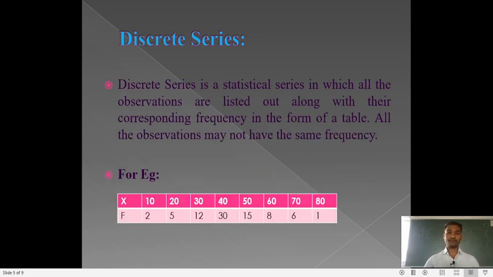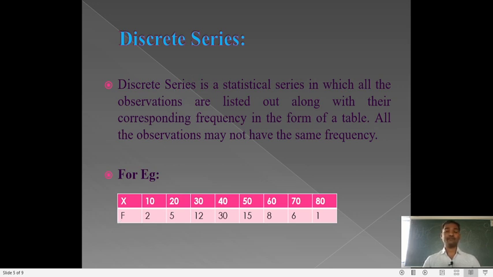Type number second, discrete series. A discrete series is a statistical series in which all the observations are listed out along with their corresponding frequency in the form of a table. All the observations may not have the same frequency. Here is an example of a discrete series. The observations are denoted by X, and in front of the observations their frequency is denoted by F. Frequency means how many times an item is repeated.